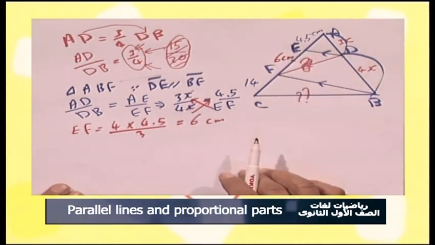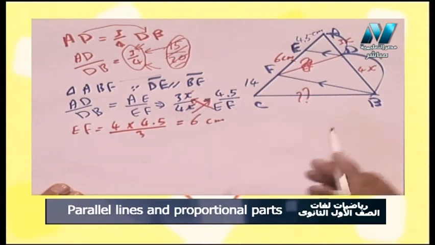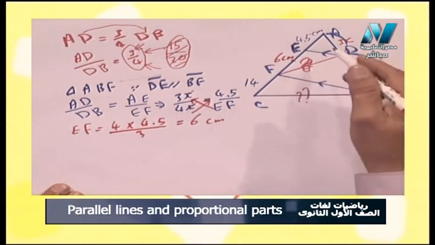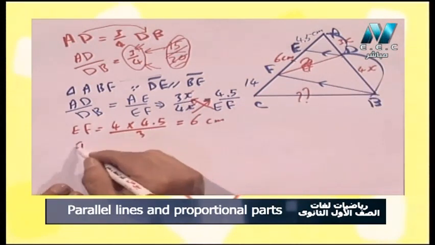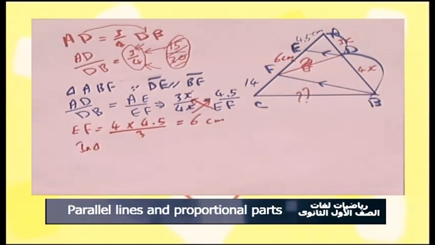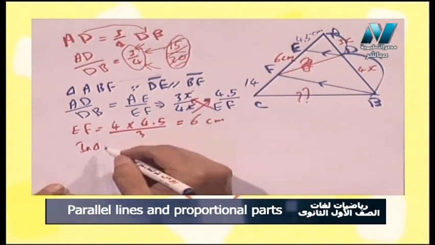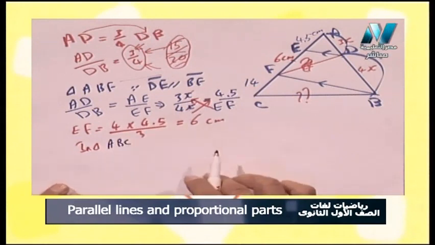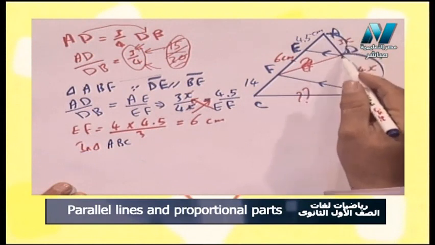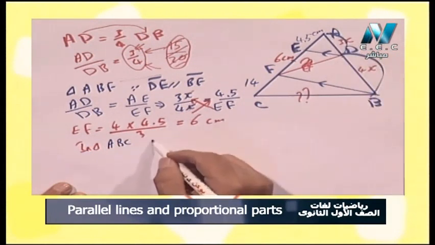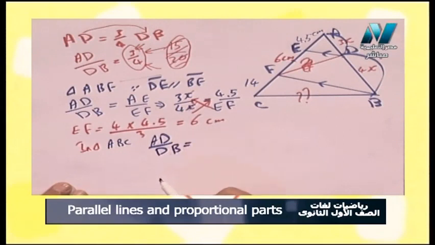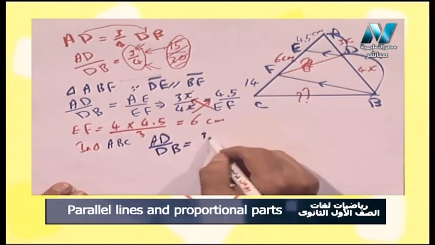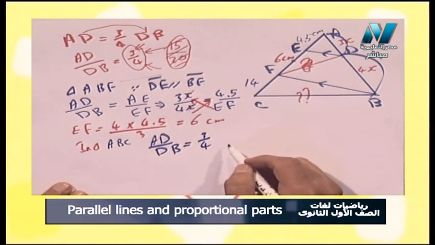And we will transfer to the bigger triangle ABC. So in triangle ABC, we can say AD over DB will equal 3 over 4 as given.